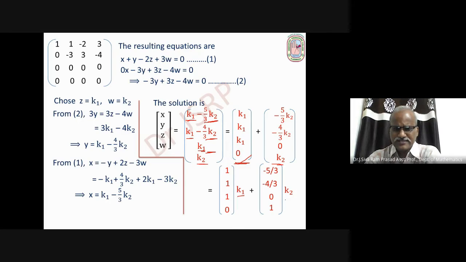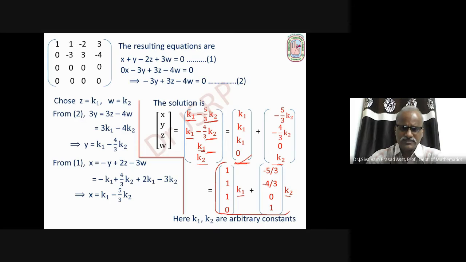Here k1 and k2 are arbitrary constants. So this combination gives an infinite number of non-trivial solutions for the system. By taking different values for k1 and k2, we get different solutions. That means these two solutions are linearly independent solutions.